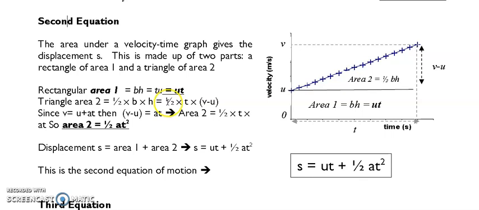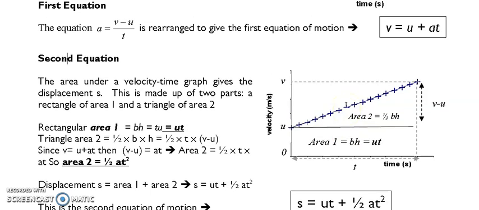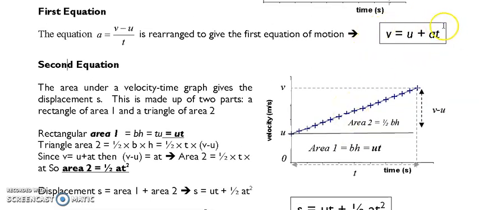So we have area 2 is a half times the base, which is t, times the height, which is v minus u. Okay, I'm going to go back up to equation 1. So v equals u plus at. If we take u over to this side, we would get v minus u equals at. So v minus u is the same as at.